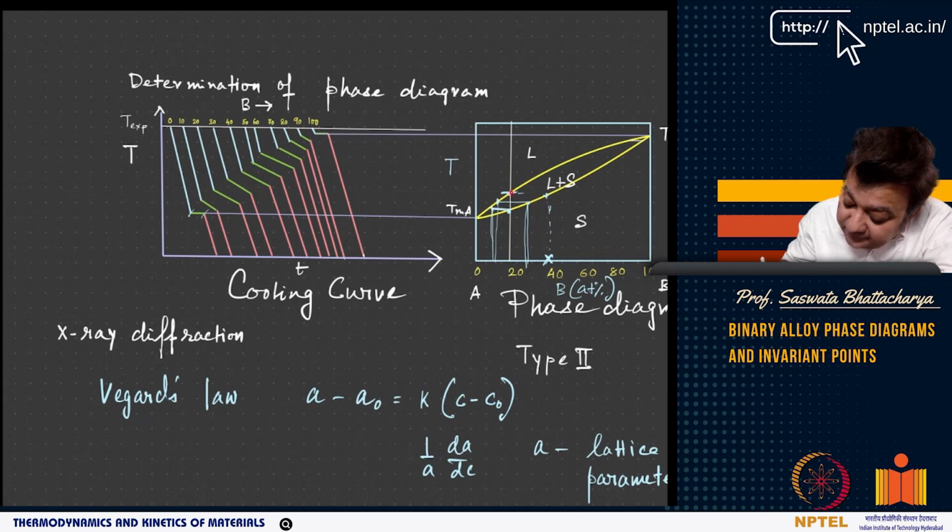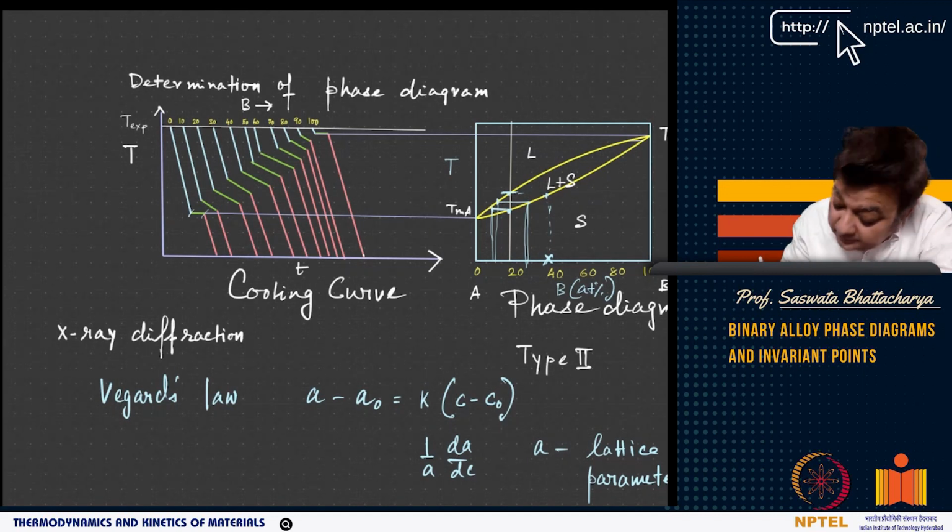Now you go further just below. If you go below, you start to see that the liquid phase and the solid phase composition has changed, right? The liquid now has more of A. Here the liquid initially had only 20% A, but now the liquid has more of A. Now you go further down.